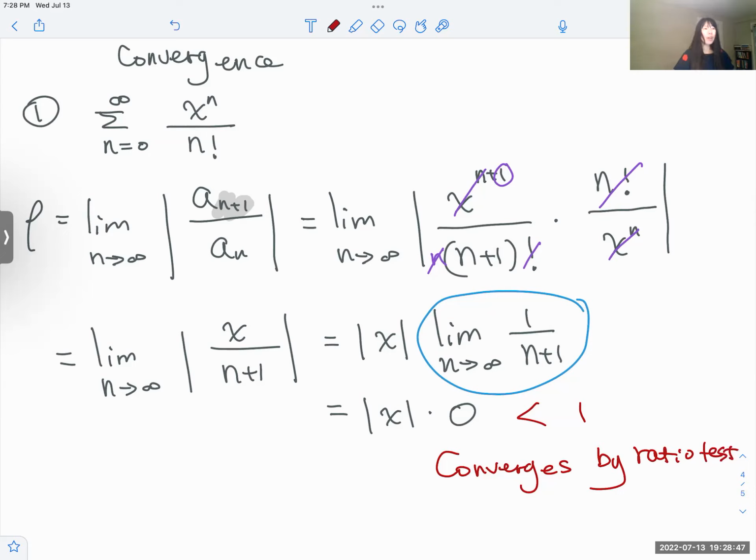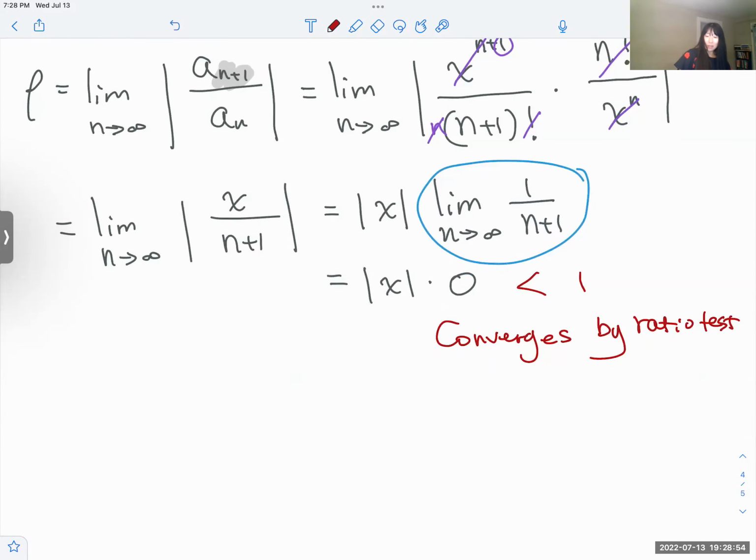Then we have to say something about the x. Look, we have a 0 there, right? Any number we multiply with 0 is 0. Make sense? So we can say about the x, for all values of x there.